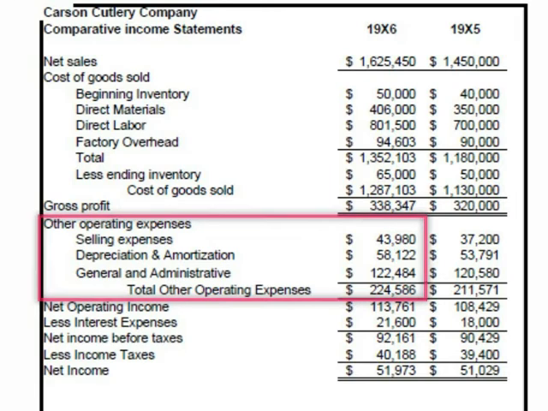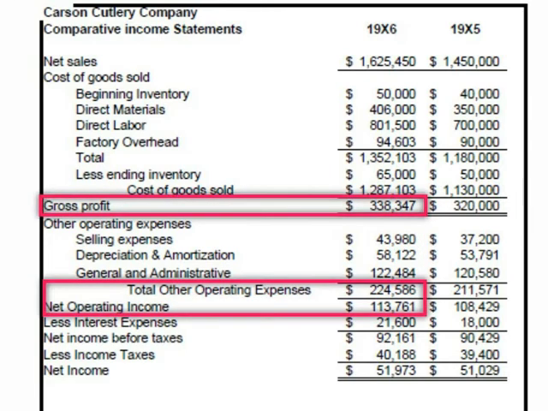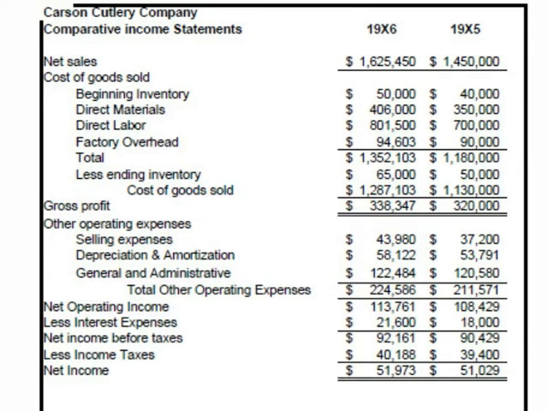So we subtract from the gross profit the total operating expenses of 224,586, leaving us a net operating income of 113,761. From that, we subtract the interest expenses.